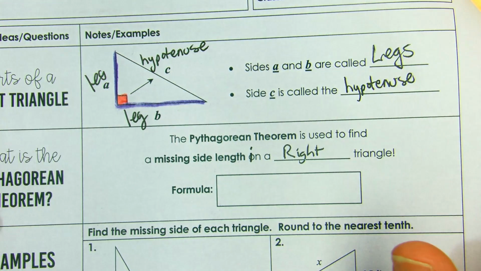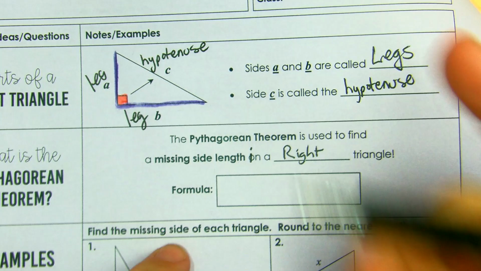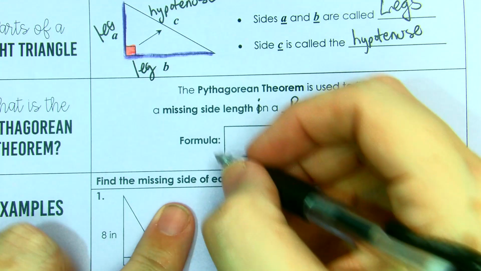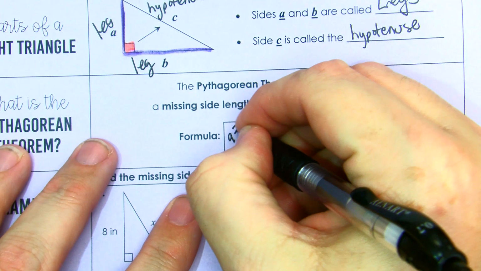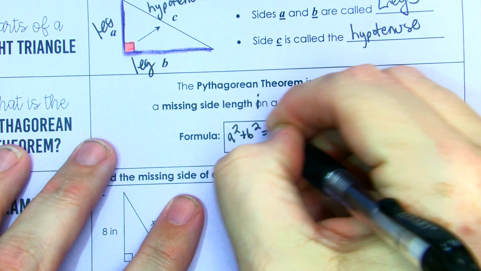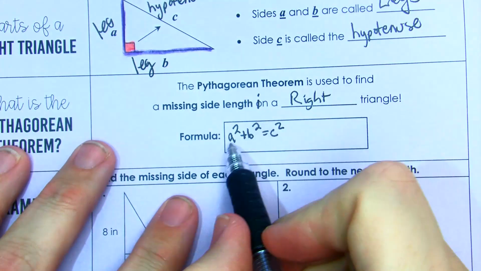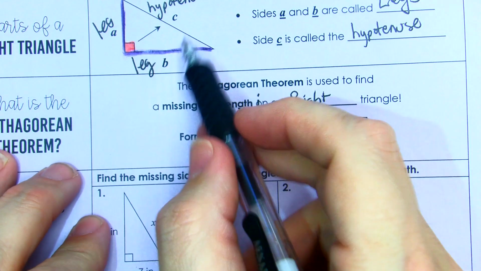And there are two ways that you can create the formula. Now, the classic version of the formula is a squared plus b squared is equal to c squared. And that's based off of this picture at the top here.